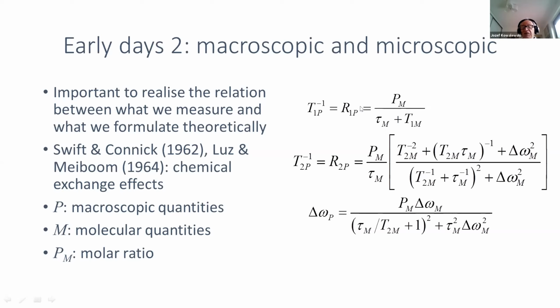So the exchange lifetime actually influences what we measure in a not completely trivial way. Then we have similar relations for T2 and for the shift, which are a little more complicated.